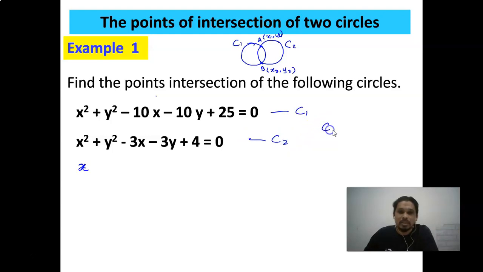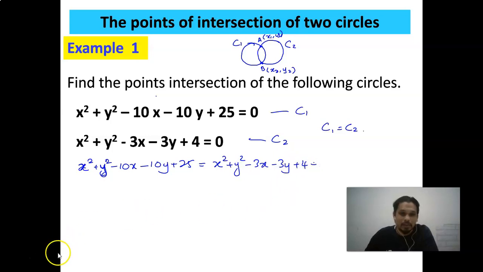So we come up with a conclusion that C1 equals C2, because the coordinates of A and B are owned by both of the circles. So x squared plus y squared minus 10x minus 10y plus 25 equals the next equation, x squared plus y squared minus 3x minus 3y plus 4. So the equation of C1, x squared plus y squared minus 10x minus 10y plus 25, equals the second equation of C2, x squared plus y squared minus 3x minus 3y plus 4.